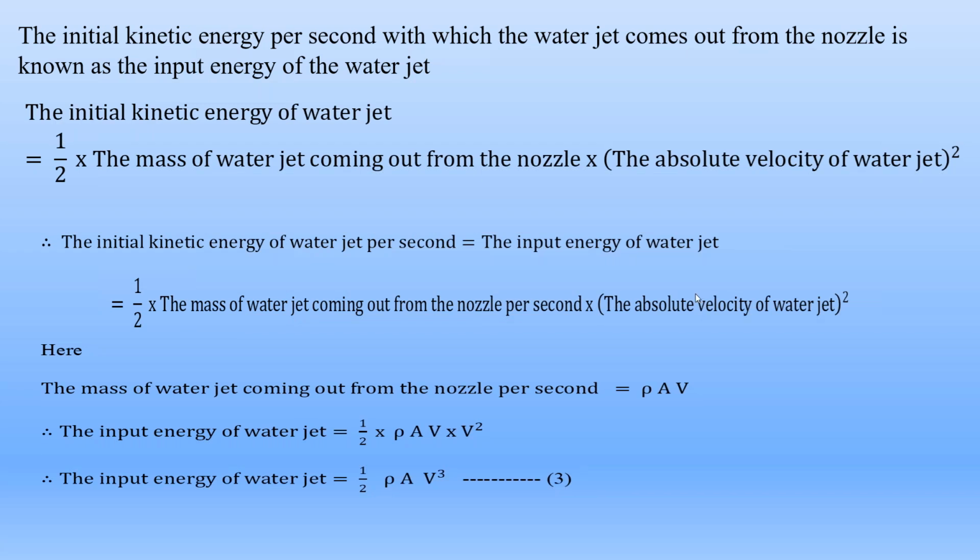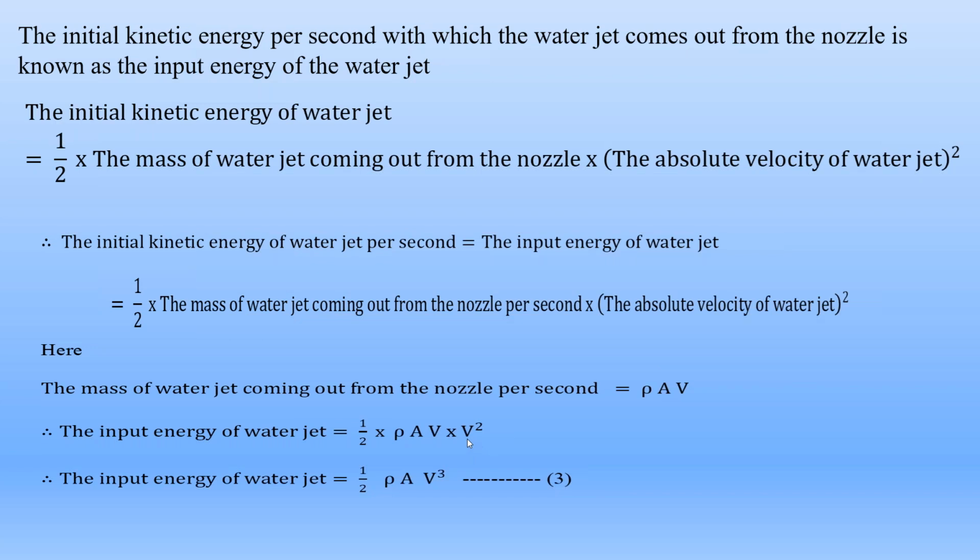So the initial kinetic energy of water jet per second is equal to half into rho A V into V square. But we call the initial kinetic energy of water jet per second the input energy of the water jet. The input energy of water jet is equal to the initial kinetic energy of water jet per second. So from this discussion, the input energy of water jet is equal to half into the mass of water jet coming out from the nozzle per second, rho A V, into absolute velocity square, V square.